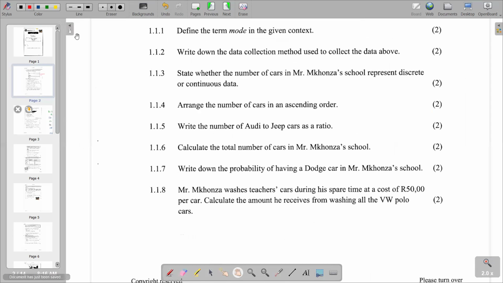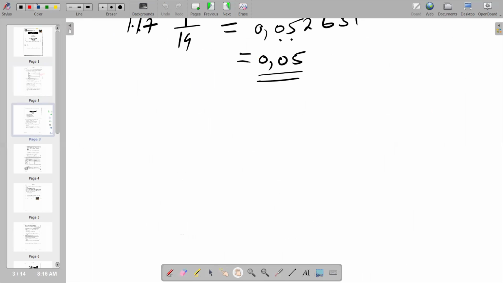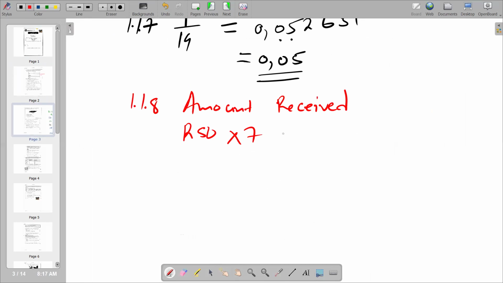So it means you're just going to multiply 50 Rand times 7. So amount received: we are saying 50 Rand, then we multiply by 7, and your answer is 350 Rand. So this is the last question that we have according to this video.